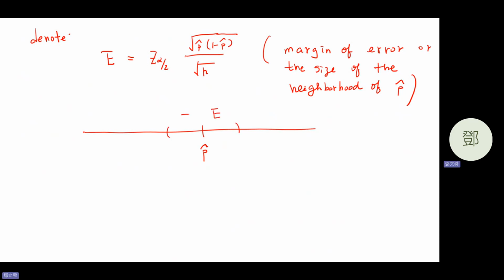The neighborhood is called the margin of error. Where is the end point on the right?